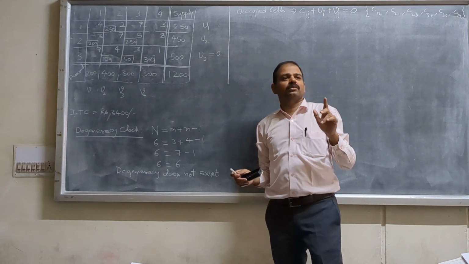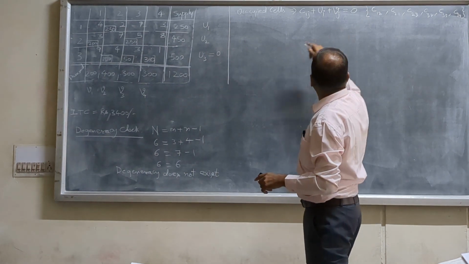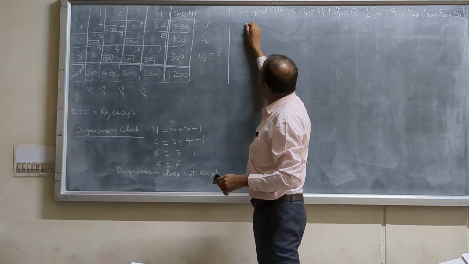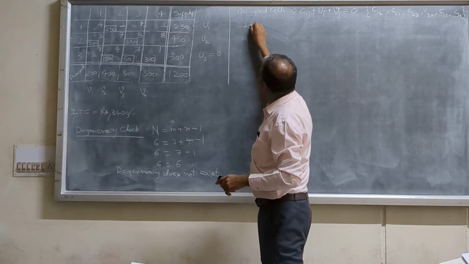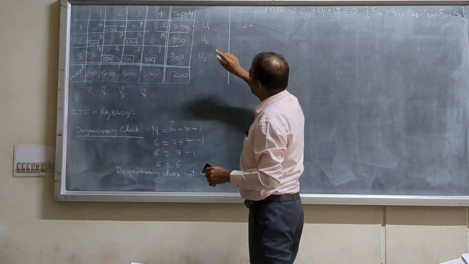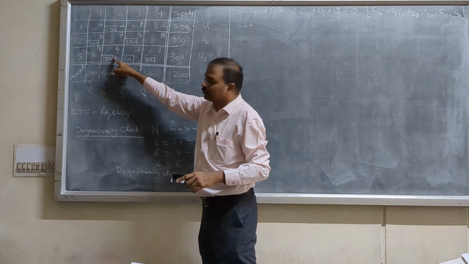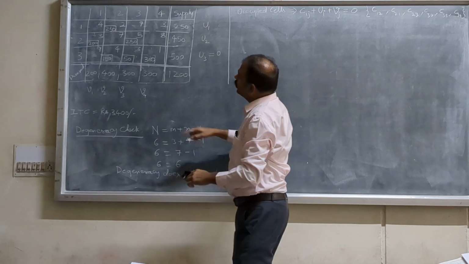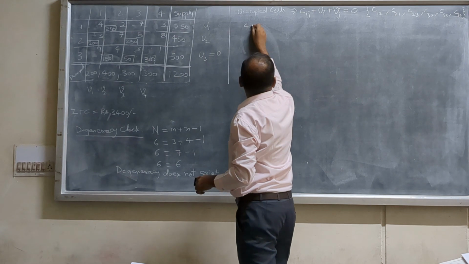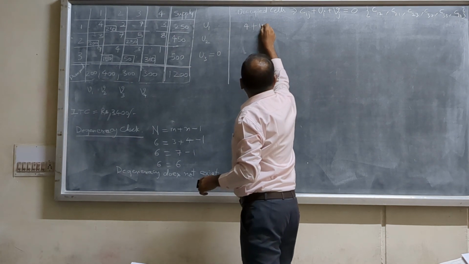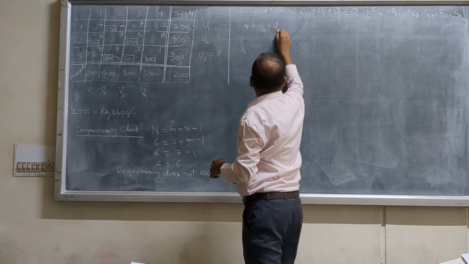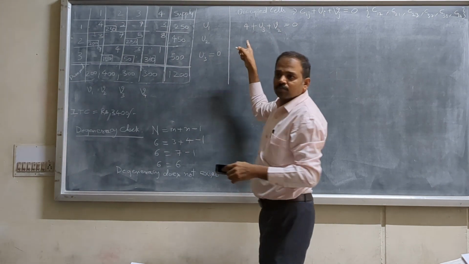Any doubts? Okay. Now we'll start with the first one. What is the cost of this cell? 4. So 4 plus U3 plus V2 equal to 0.